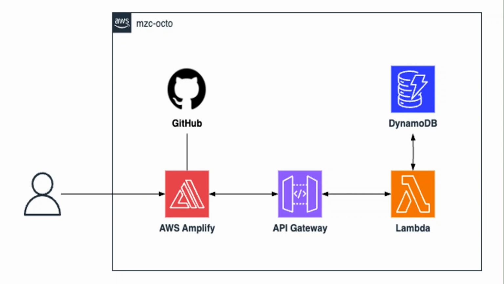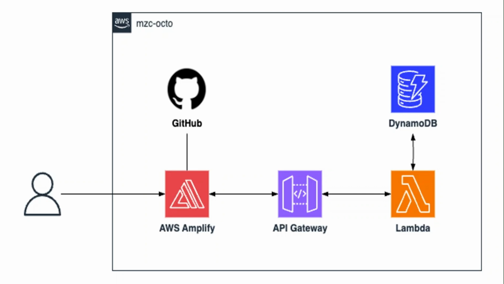This diagram showcases how AWS Amplify integrates with other AWS services to build scalable applications. Let's break it down step by step. On the left, we see the user. They interact with the application through a web or mobile interface, initiating requests that flow into the system. The first stop for the user's interaction is AWS Amplify.